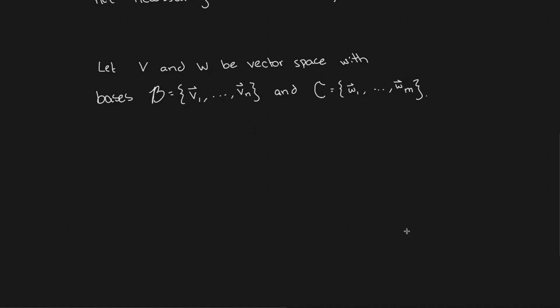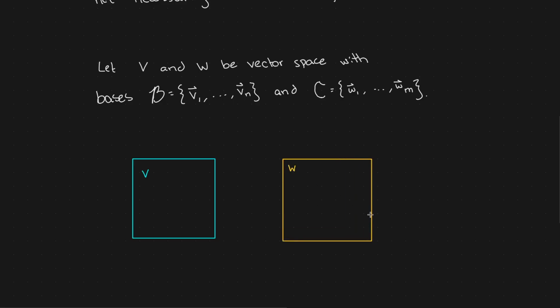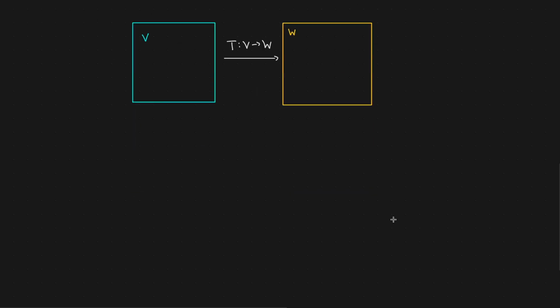Okay, so here's the strategy. We start with our two vector spaces, vector space V and vector space W. Now, transformation T is a linear transformation from V to W. But we know that V and W are both finite dimensional vector spaces, so they are both isomorphic to R to a power.